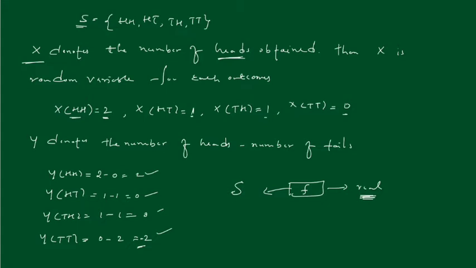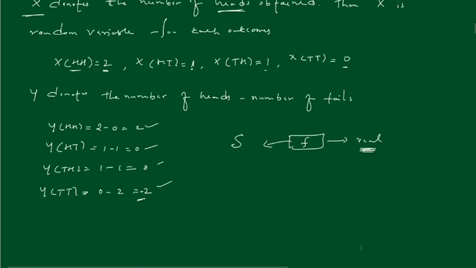Thus, what we can say here from these two examples, x and y, is that x and y are two different random variables defined on the same sample space.